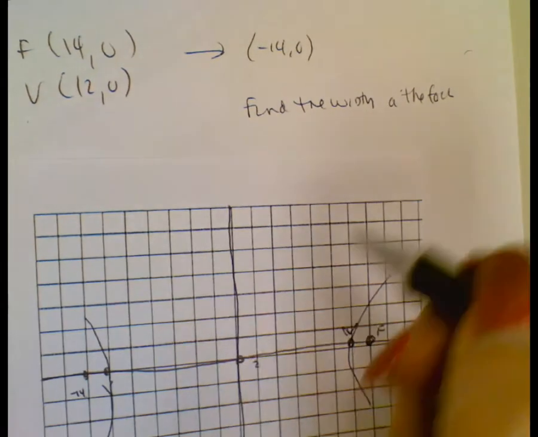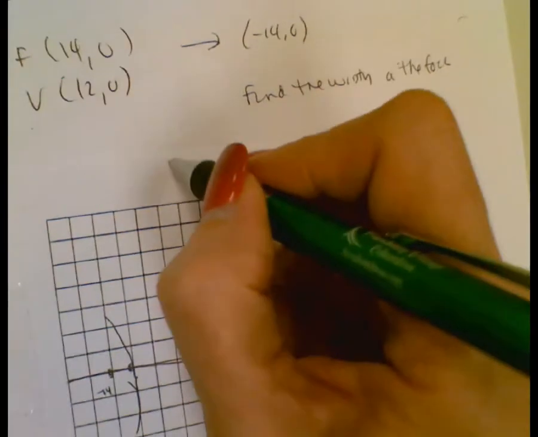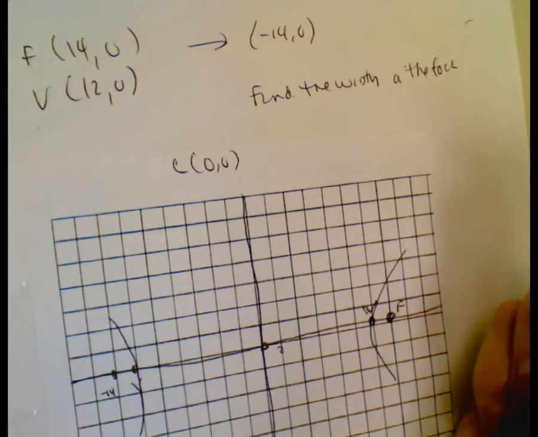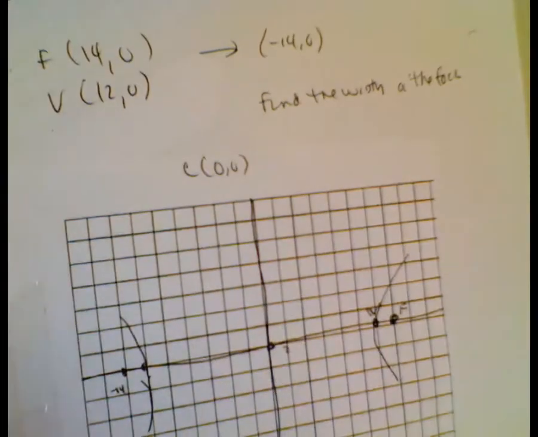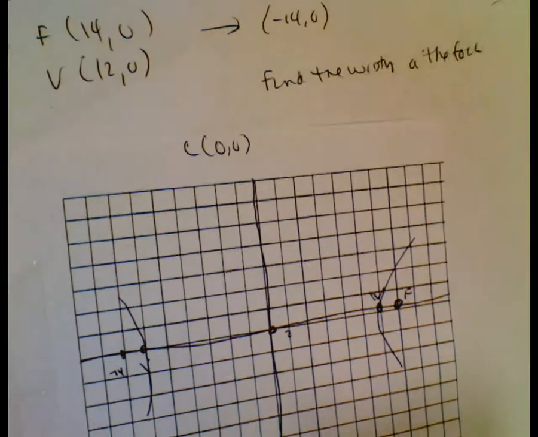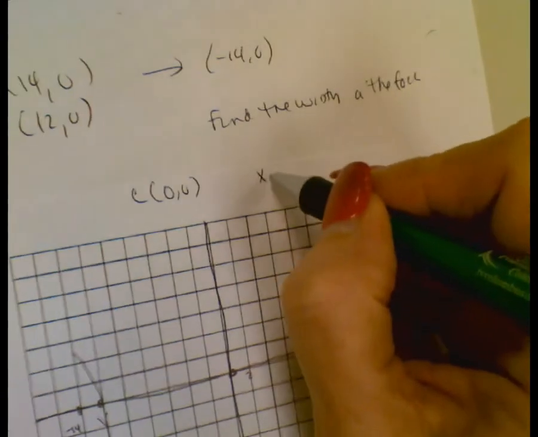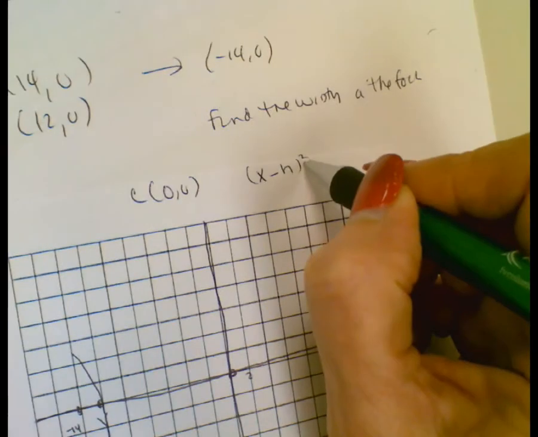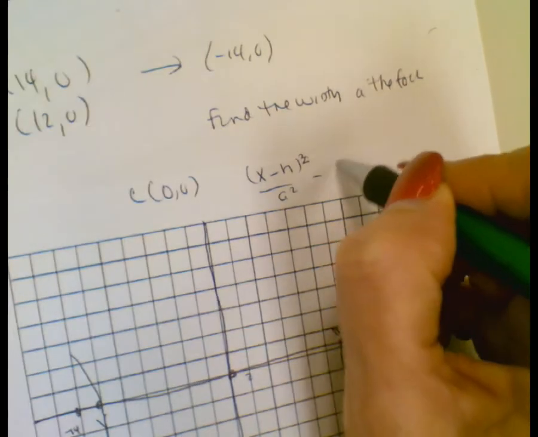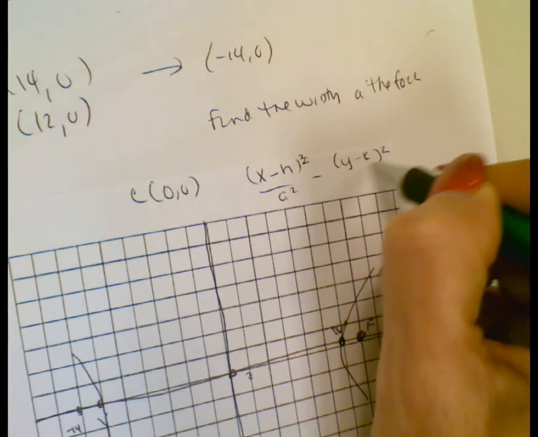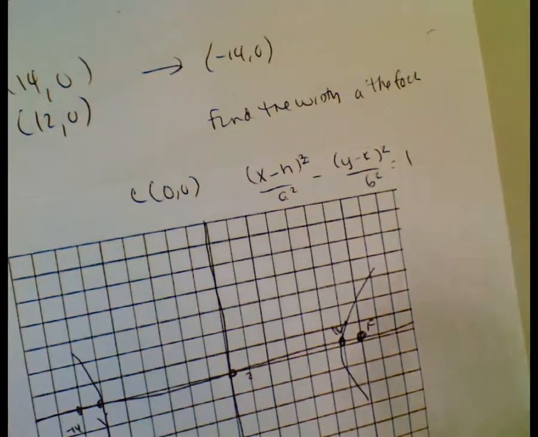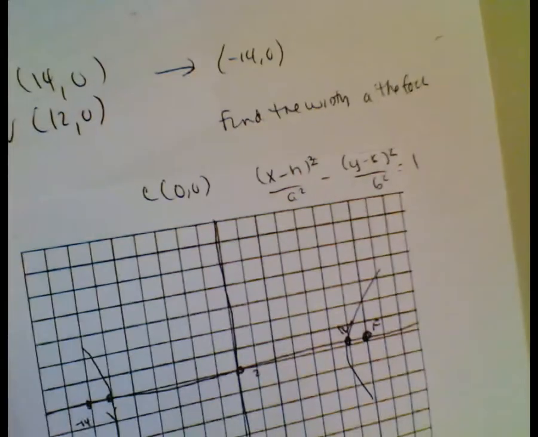So the center has to be 0, 0. And it's opening left and right because of the way they gave you the points. So you know that it's x minus h squared over a squared minus y minus k squared over b squared equals 1.